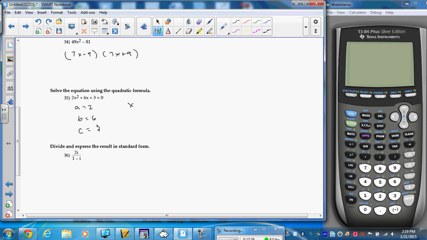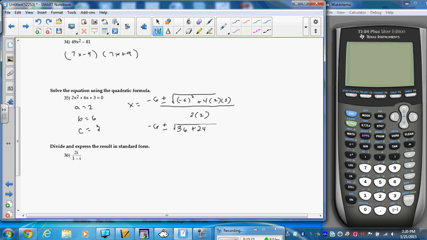So x equals negative 6 plus or minus the square root of 6 squared plus 4 times 2 times 3, over 2 times 2. And so simplifying this, we get negative 6 plus or minus the square root of 36. This is not negative 36, because some of you forget to use your parentheses. 4 times 2 is 8. 8 times 3 is 24.